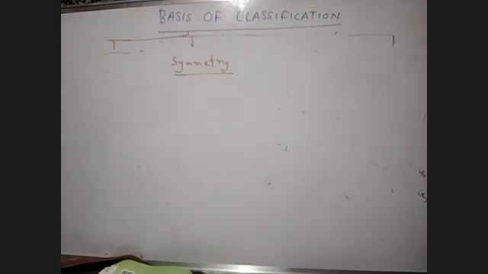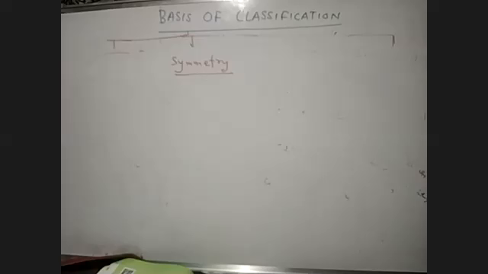So now you see that when we want to divide an animal through the center, we cannot divide the animal into two equal halves.